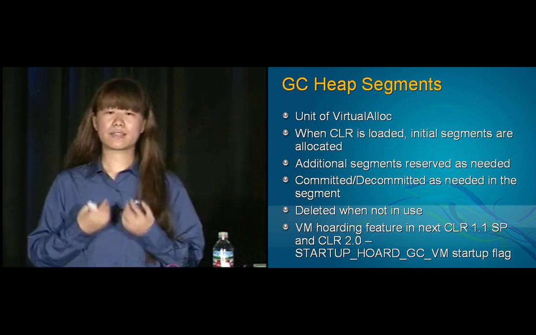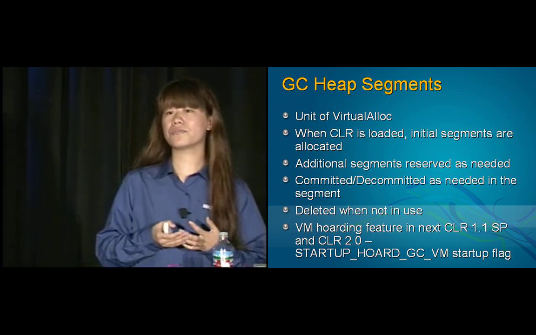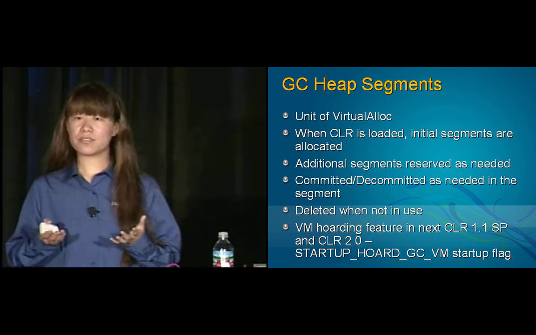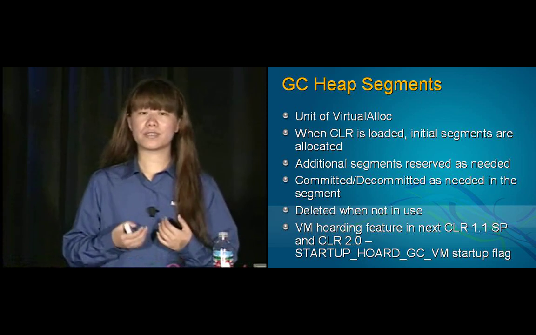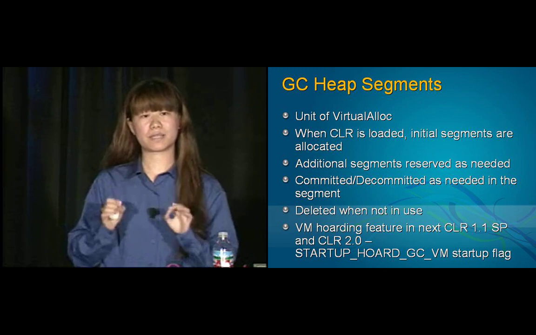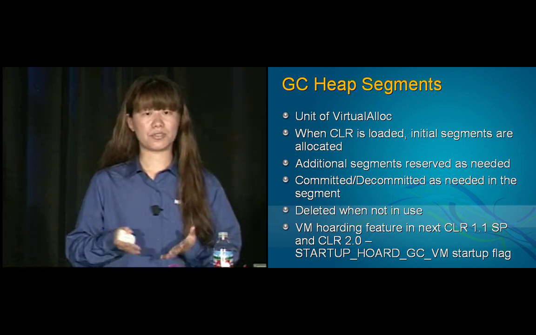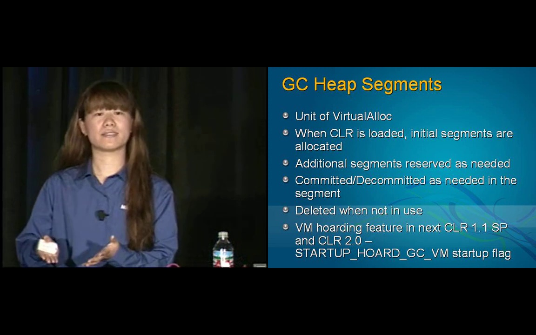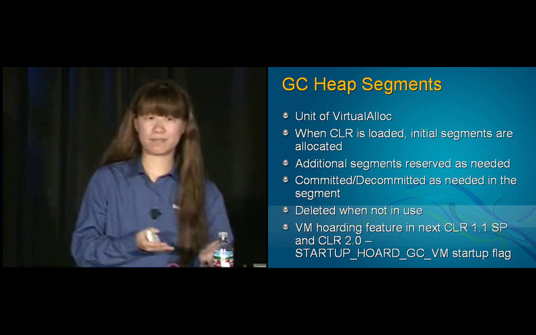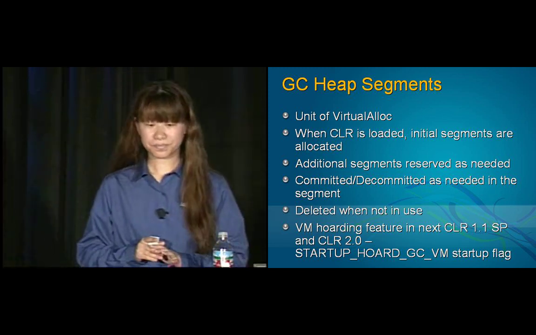So in the next 1.1 service pack and in 2.0, we introduce this new feature called VM hoarding. When you specify to use this feature, instead of releasing the empty segments back to the OS, we put the segment on the standby list. Next time when we need to acquire a new segment, we'll look at the standby list and see if we can find a segment that we can use. Then we'll use it from this list instead of acquiring a brand new segment from the OS.